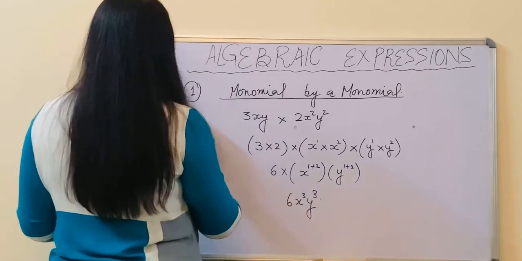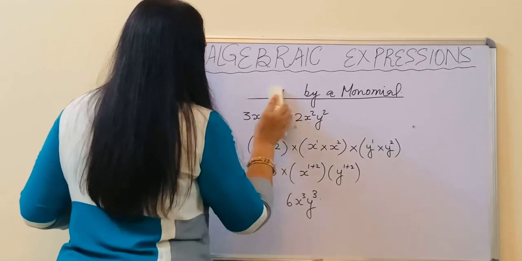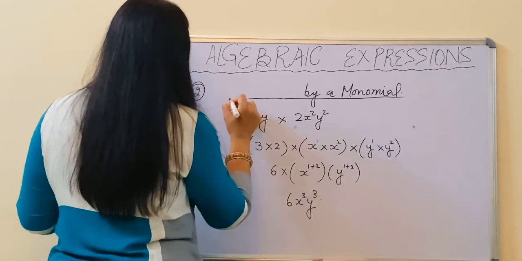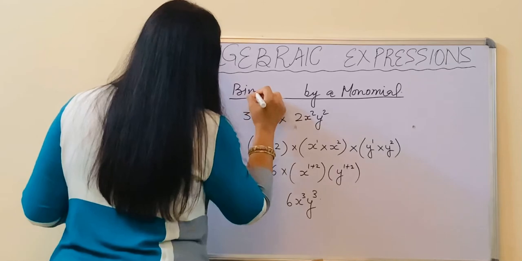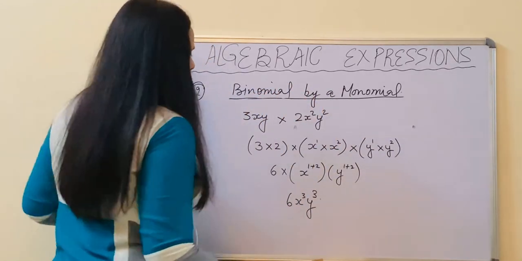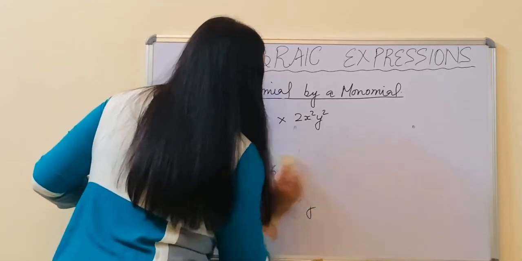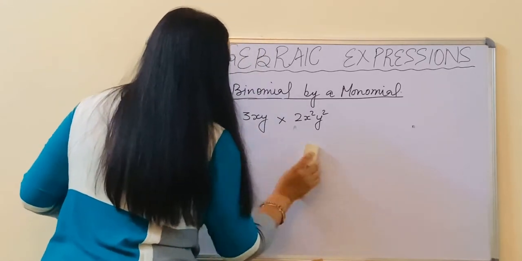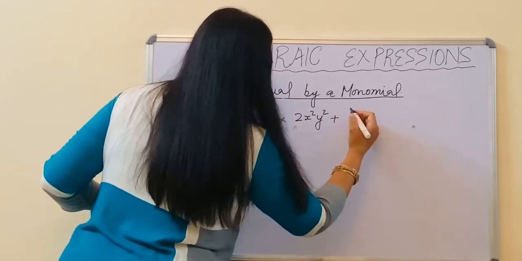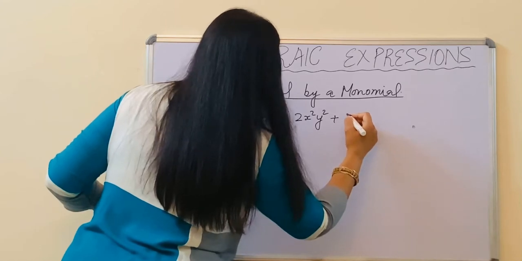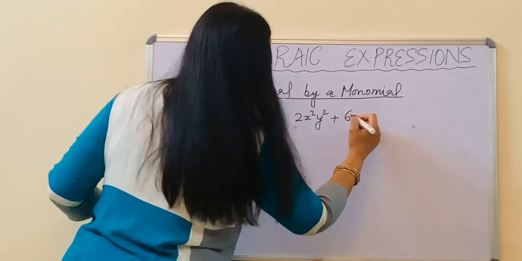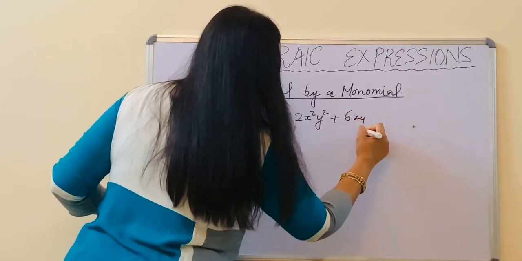Now the second one is binomial by a monomial. I can add to this same statement, making it a binomial, plus 6xy.